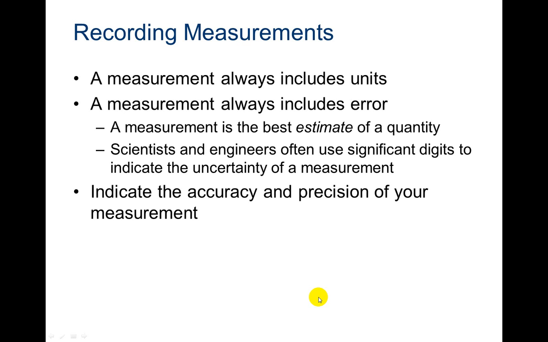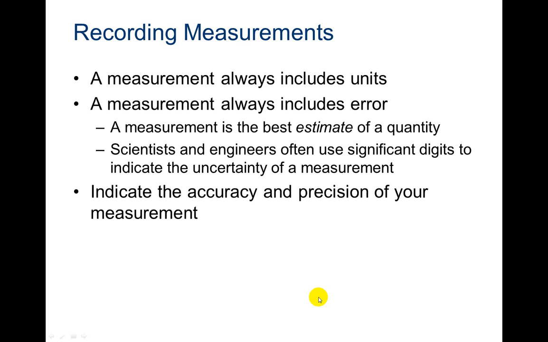A measurement always includes error. Now, whenever you hear that, that doesn't really make sense, because no, we don't want error. But whenever you make a measurement, or you read whatever measuring tool you're using, you're going to estimate that last part. So say I was using a graduated cylinder, and there's a little bit of space between each of those marks.